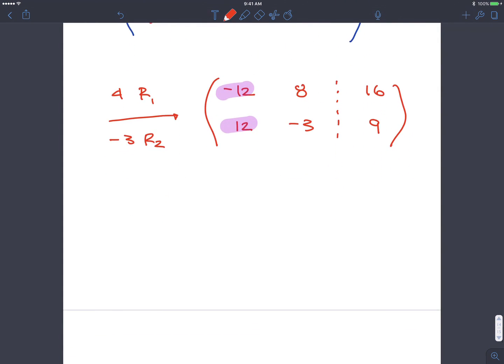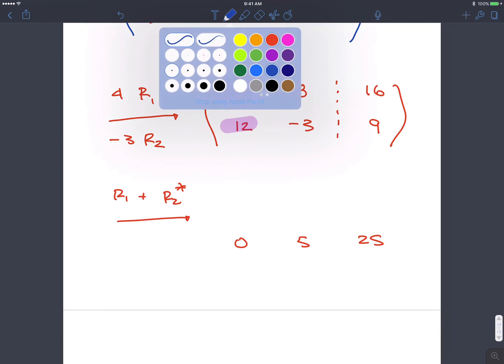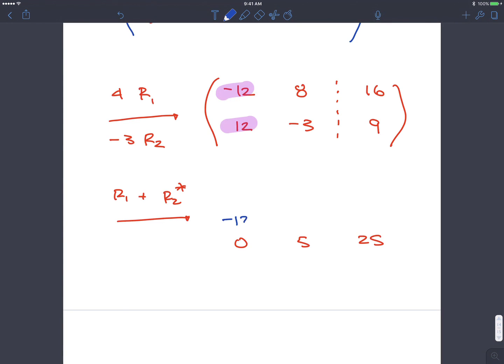We're now going to add row 1 with row 2, and row 2 will change. So I get negative 12 plus 12 is 0, 8 plus negative 3 is 5, 16 plus 9 is 25. Row 1 stays the same. Negative 12, positive 8, positive 16.